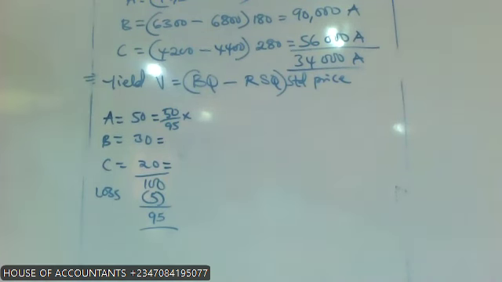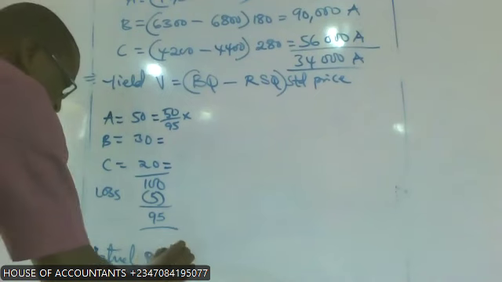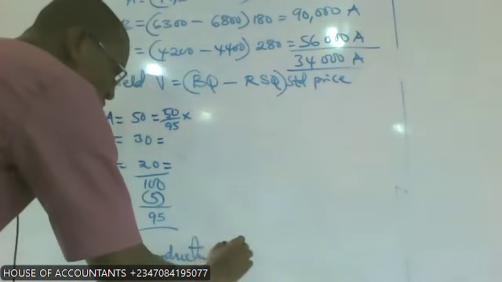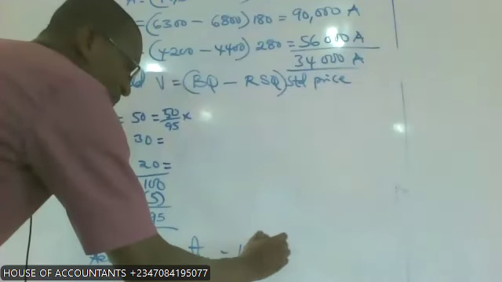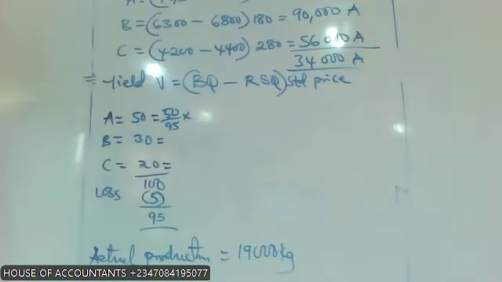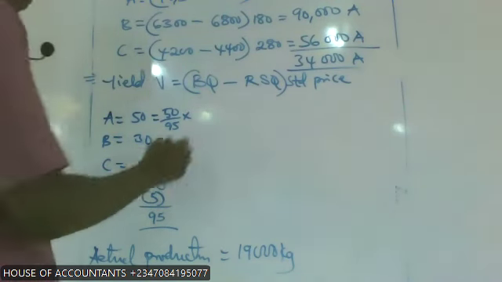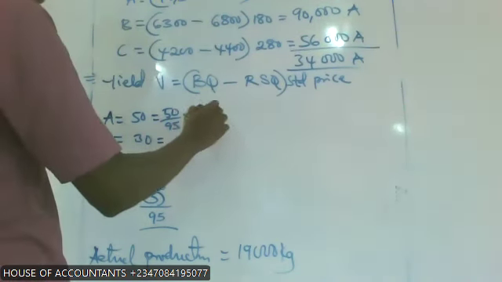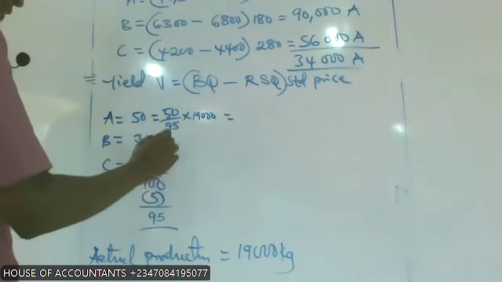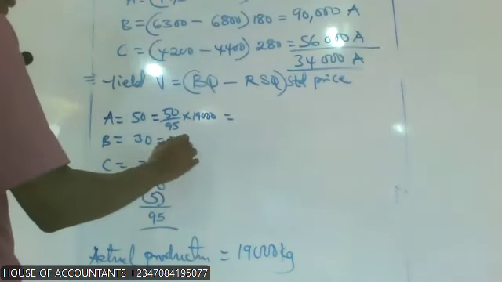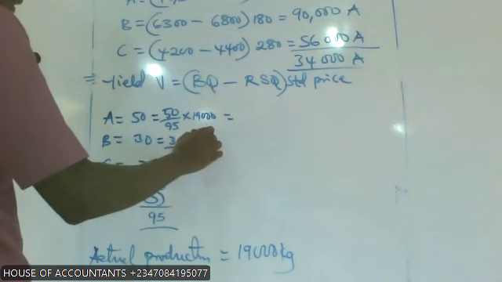So actual production equals 19. They give us that 19 straight away, 19 kg, because we have used it before. So it will now be based on 19,000. Then this will be 30 over 95 times 19,000.